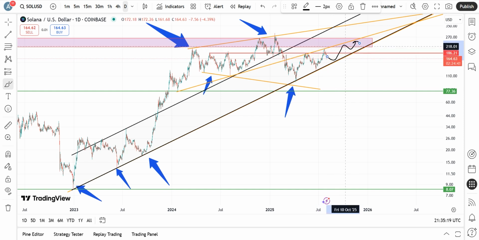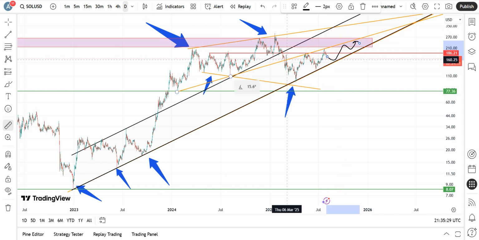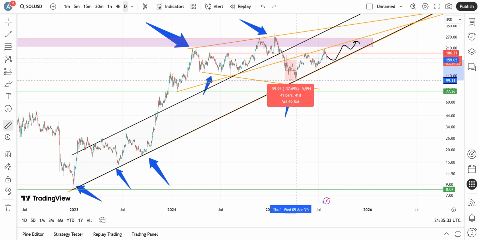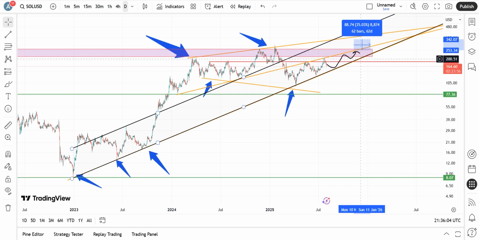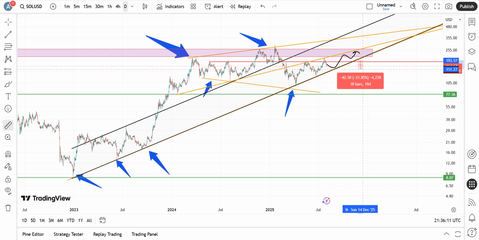So we also may break the orange trend line from this part, but wherever we break the trend line, we expect something around 35% of rising. The target might be 342.